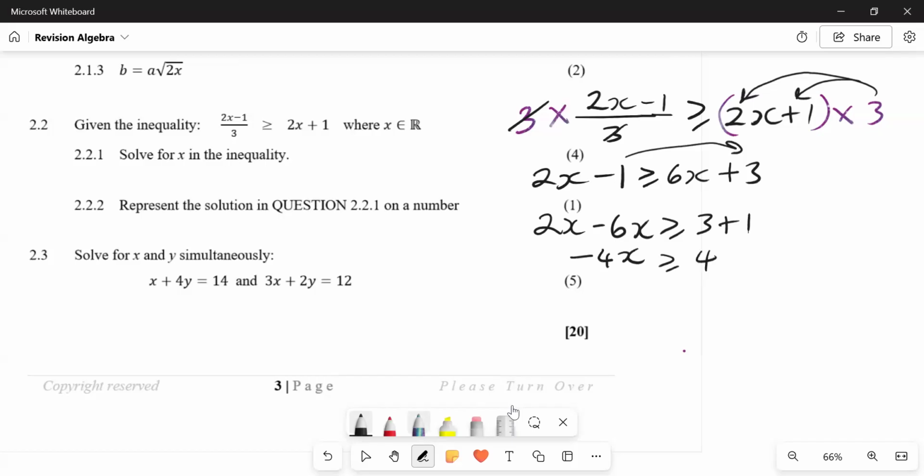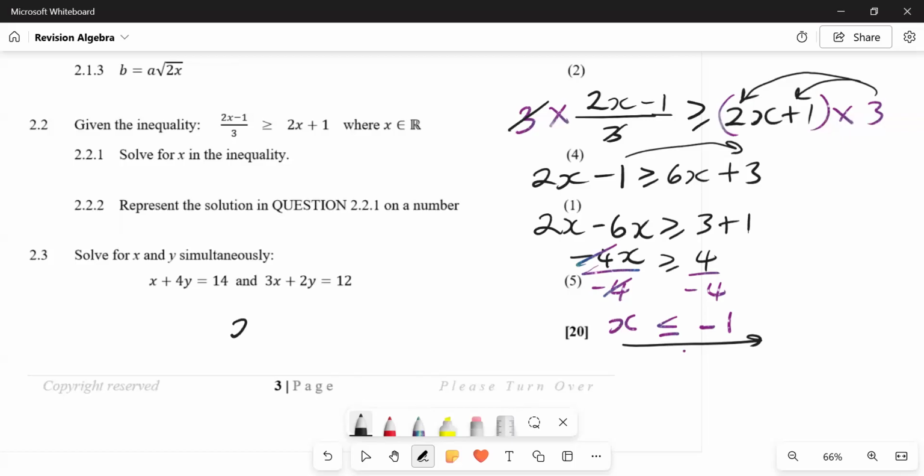Now let us divide both sides by -4 because we have to get rid of that -4 in front of x. So your x now is lesser or equals to -1. So when you divide or multiply by a negative value, then the inequality sign changes. So now we found the value of x using inequalities, né?